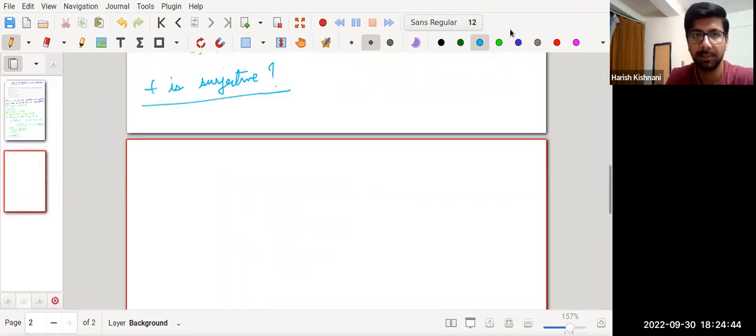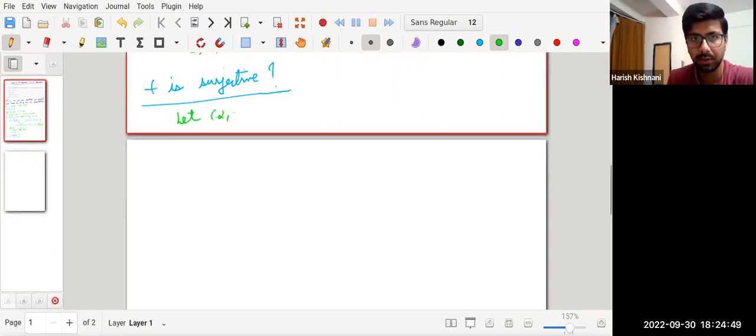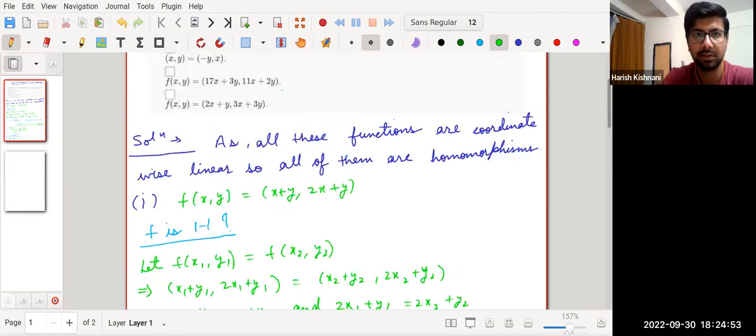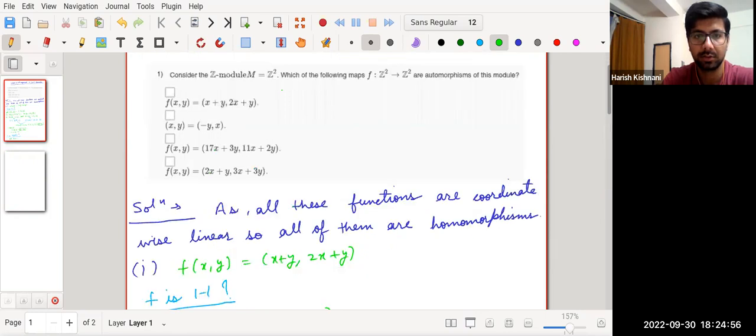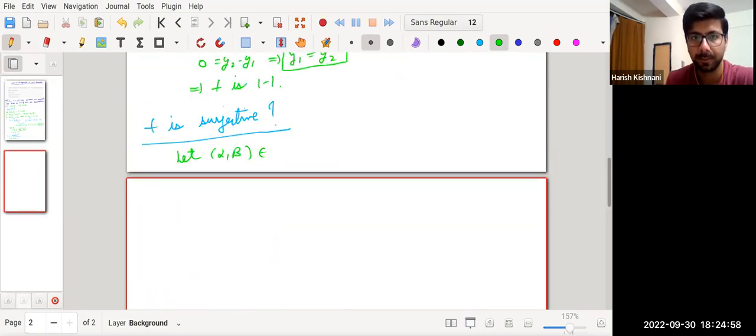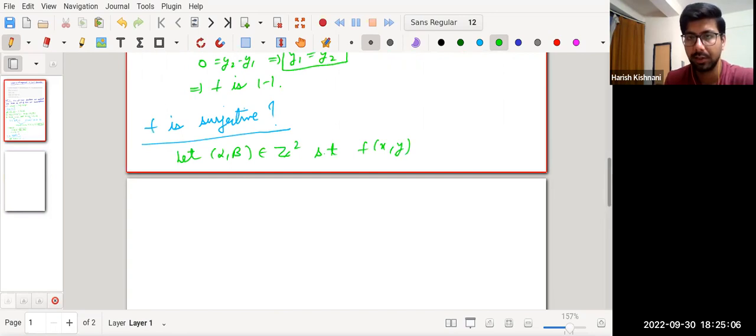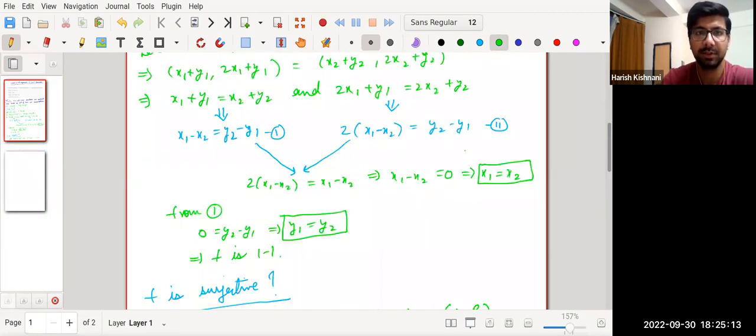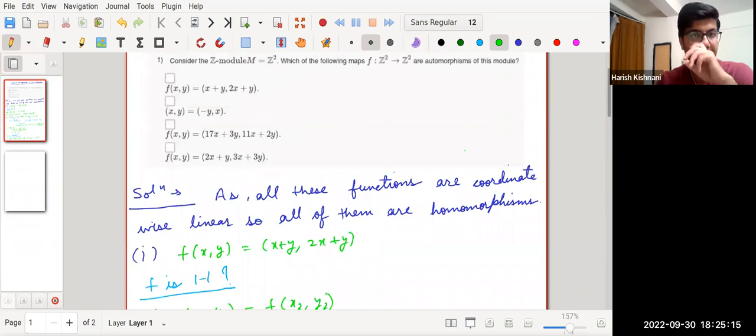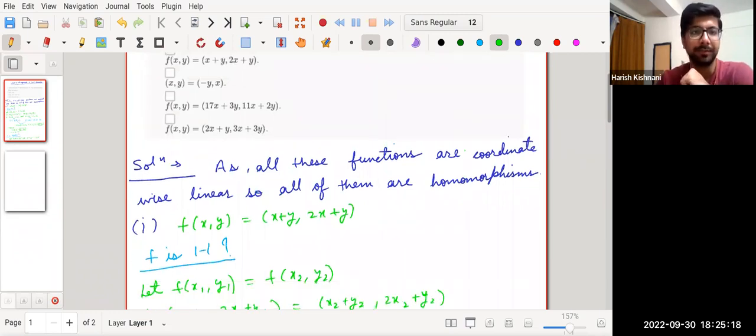Let's start with an arbitrary tuple. Let (alpha, beta) belong to Z square such that f of (x, y) is (alpha, beta). Then you need to find some x and y, the pre-image of alpha and beta.